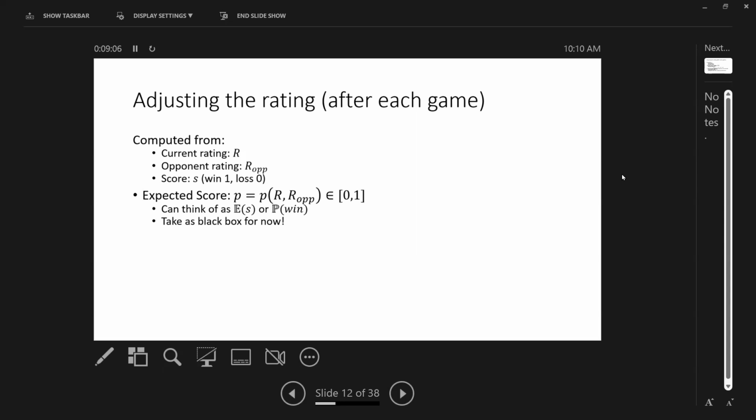This expected score is a measure of how likely you are to win. You can think of this as a probability of winning, or the expectation of your score as a Bernoulli trial. The way this expected score is computed is quite interesting, and we'll cover this later. For now, just think of it as a black box. I think of it as how well you're expected to do.